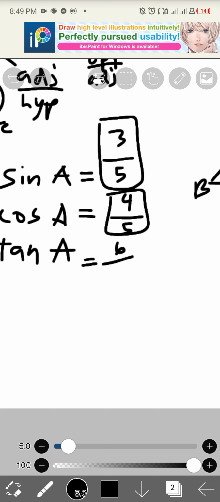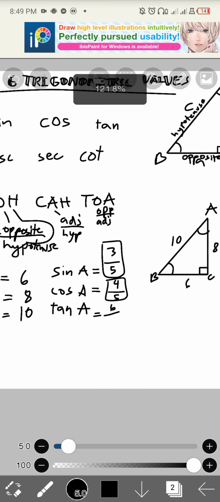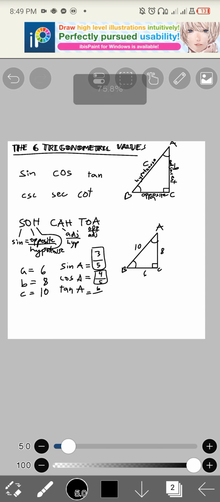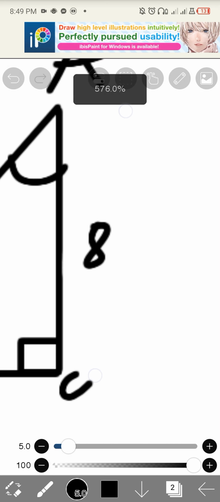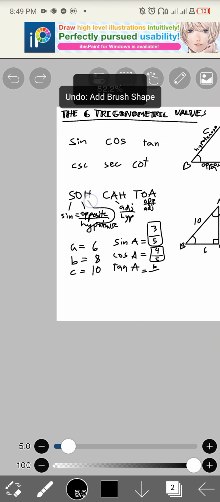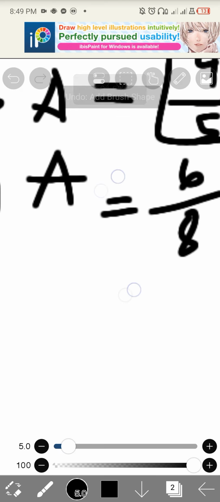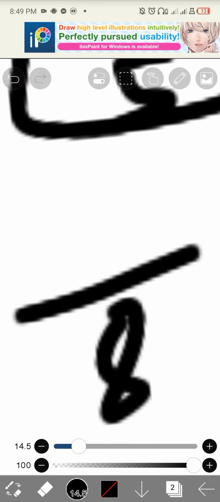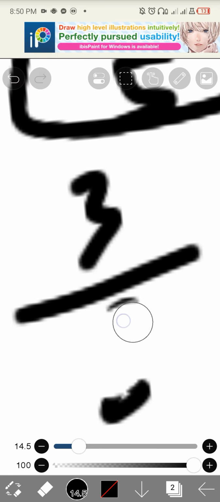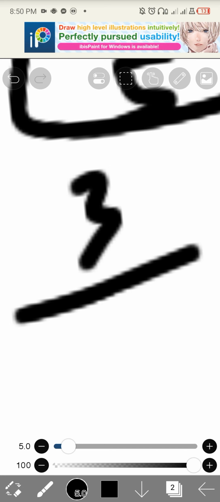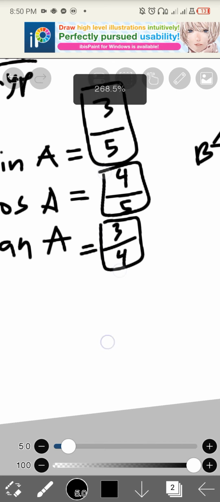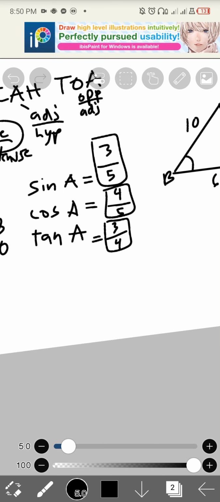All you need to do when it comes to the 6 trigonometric values is memorize and substitute. Opposite over adjacent, which is 8. Simplify: 6 divided by 2 is 3, and 4. So tangent A equals 3/4.